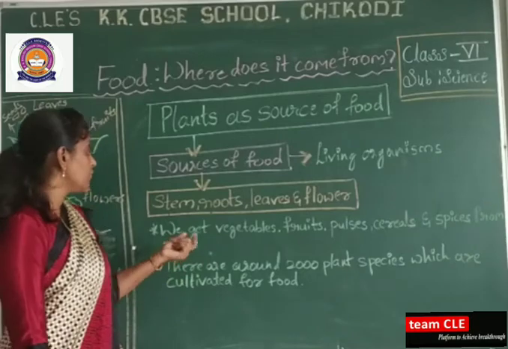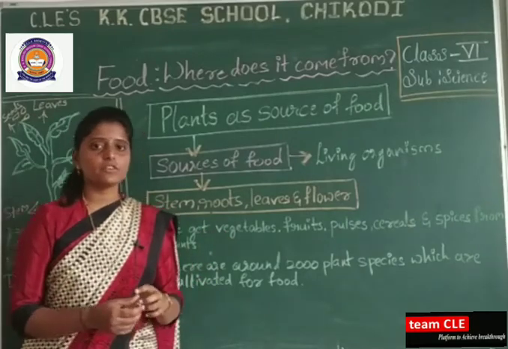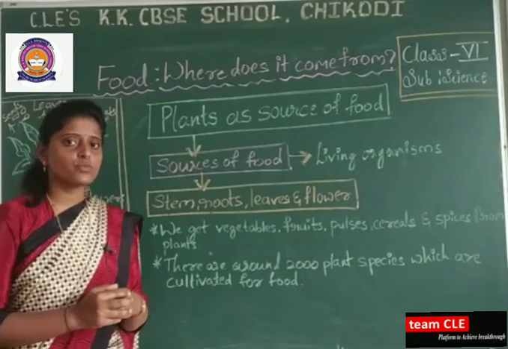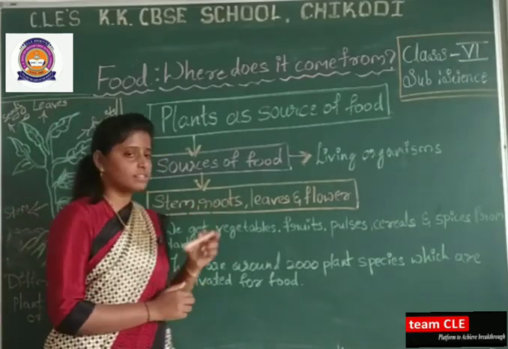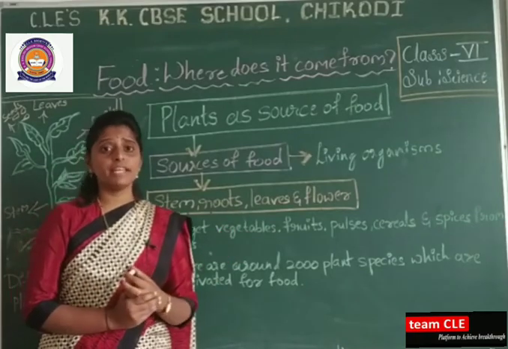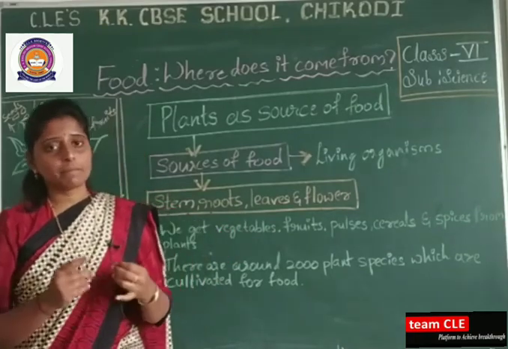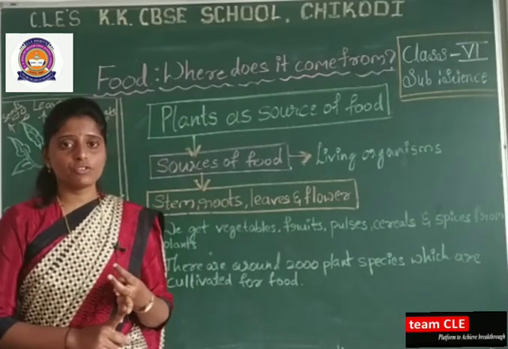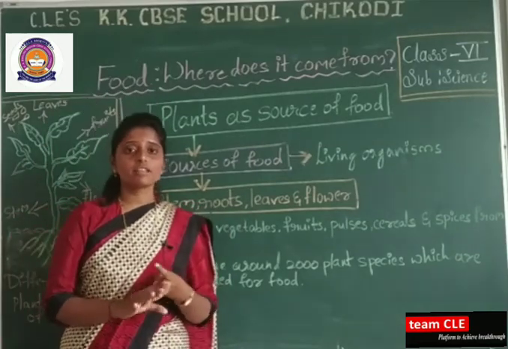Whatever vegetables we consume in our day-to-day life, we get from plants. Next are fruits. We eat many varieties of fruits, like apple, grapes, bananas.